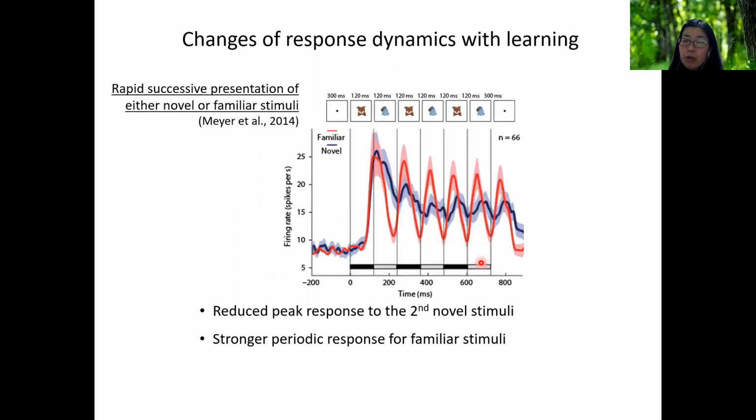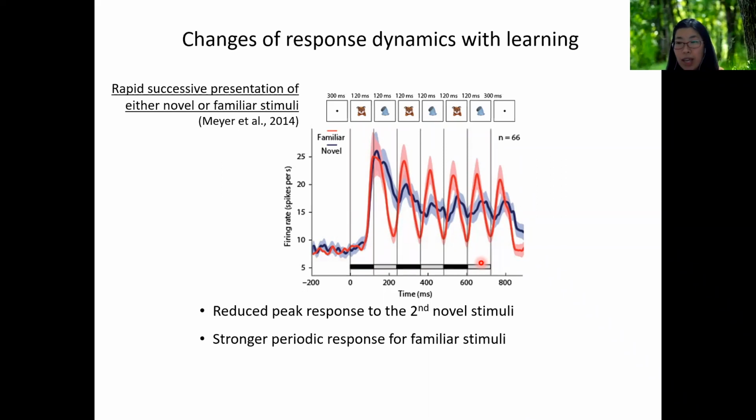So what would be the possible role of such a damped oscillation, which is observed after the stimuli become familiar? Carl Olson's group has postulated that the changes in the response dynamics can be important for the rapid processing of familiar stimuli compared to novel stimuli.